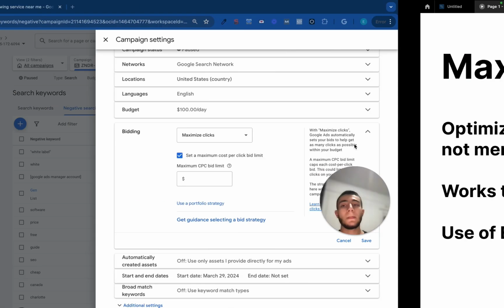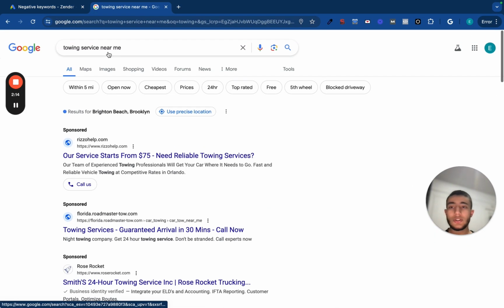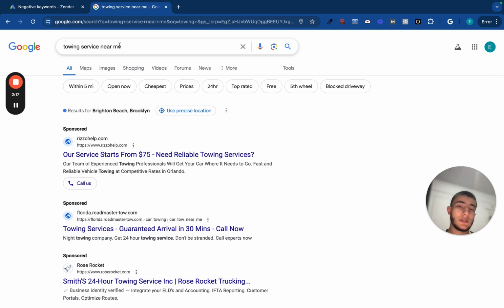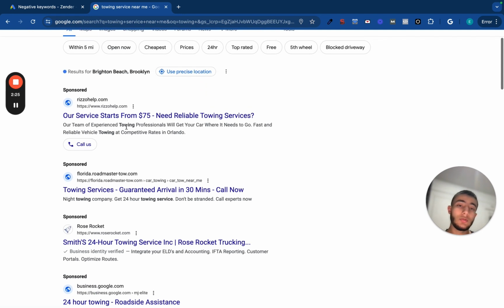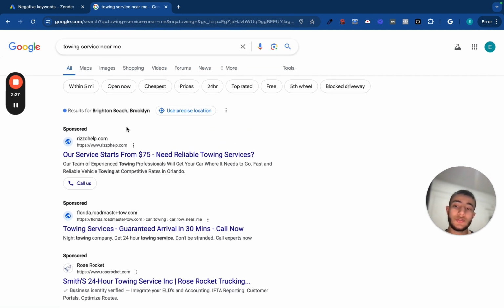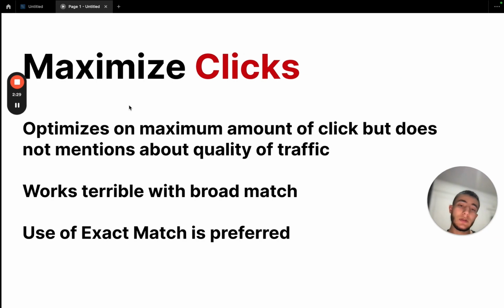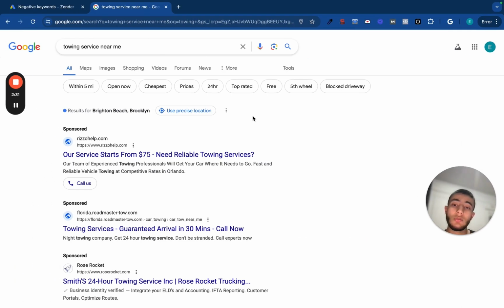What I mean is, when we search, for instance, towing services near me or towing services, we see the results here. With this bidding strategy, maximize clicks, Google Ads tries to get as many clicks as possible.